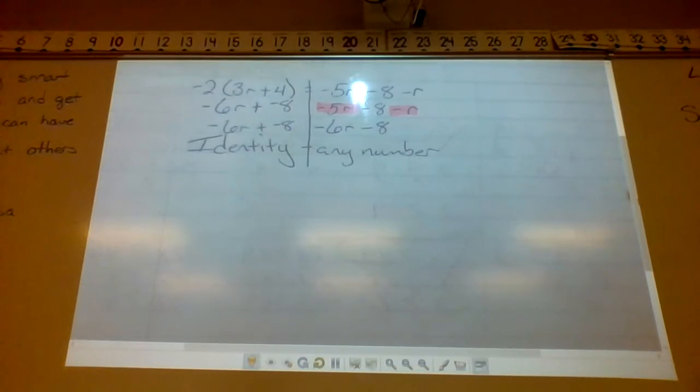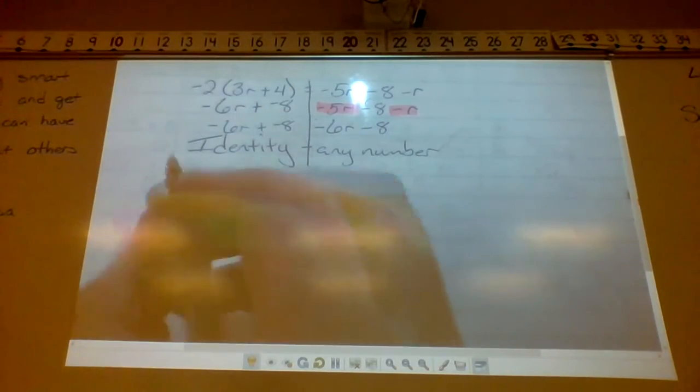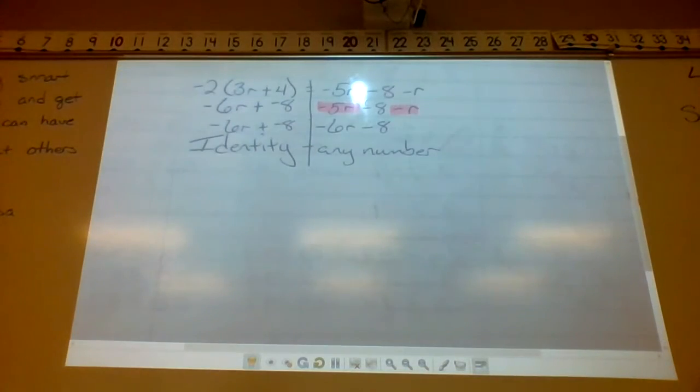That's never ending. A null set, an empty one, you'd have to check every single number to make sure it didn't work. That's a lot. So if you get an identity or an empty set, don't check it. Okay? All right, let's try another one.